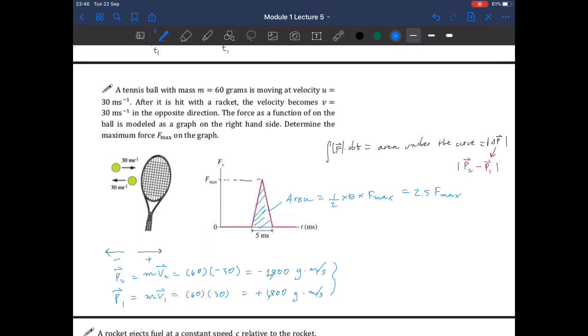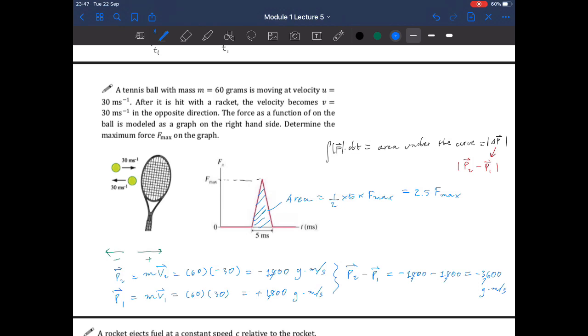So from this, p2 minus p1 would be equal to minus 1800 minus 1800, which is equal to minus 3600 gram meters per second.